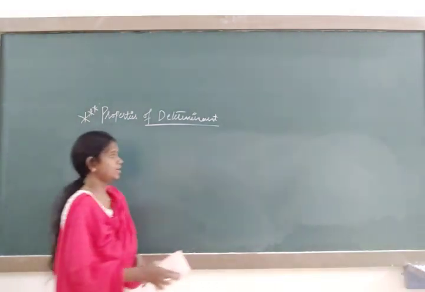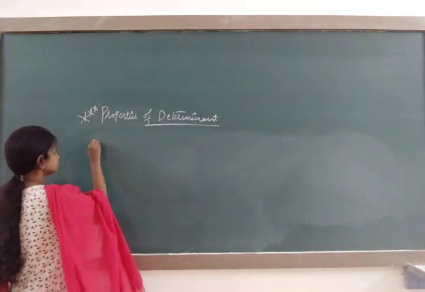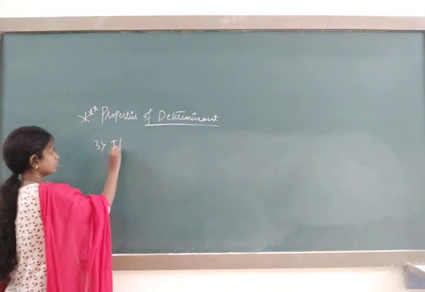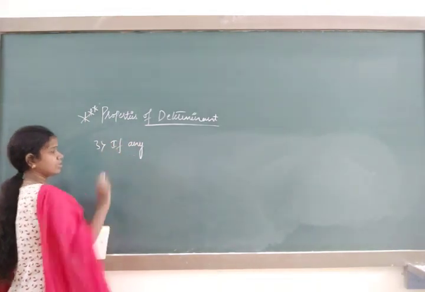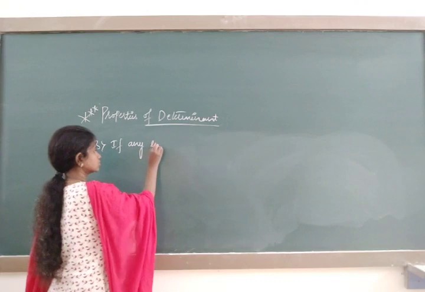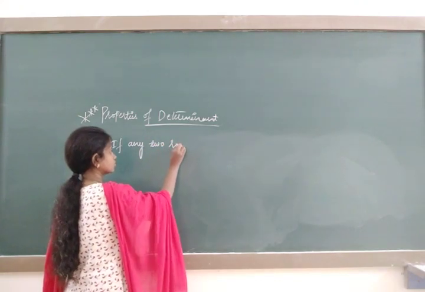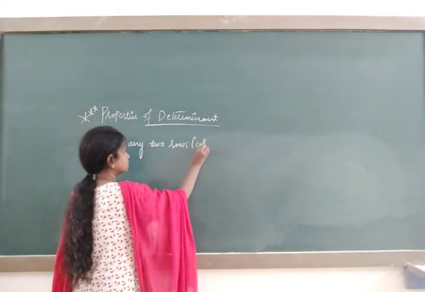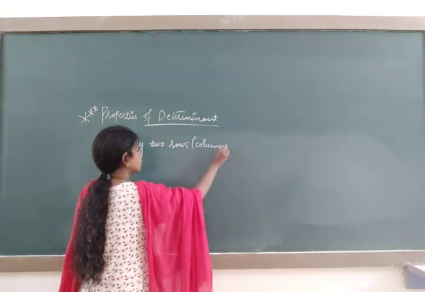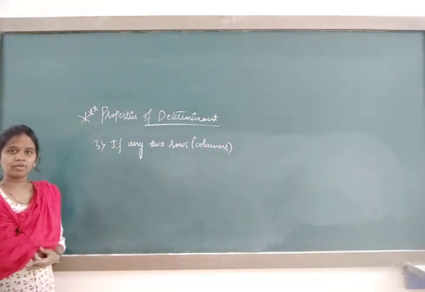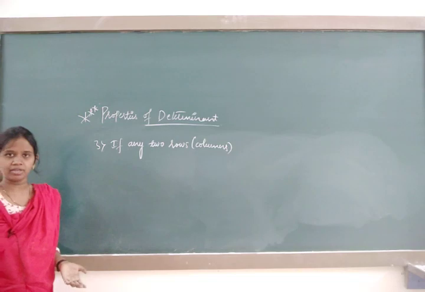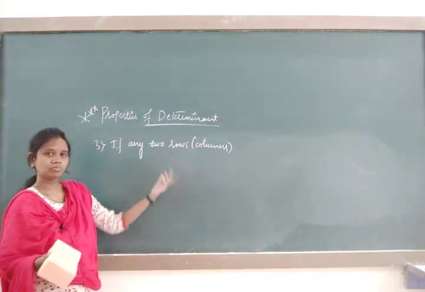Next, third property. If any two rows or columns, anything you can take; if you prefer rows, columns will be neglected, and vice versa.